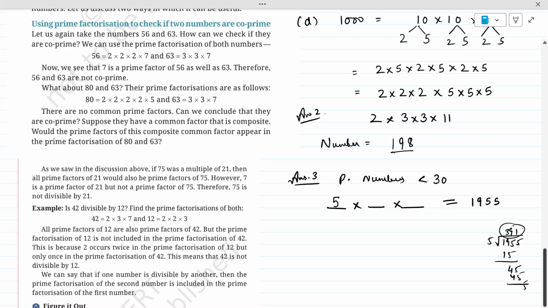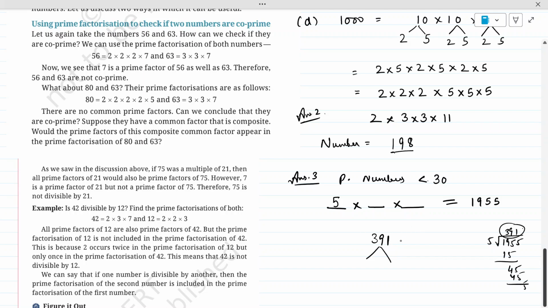So now I have to find out the factors of 391. So kids, the factors of 391, it's very easy to find out since we have to find 2 numbers only, and we know that if we multiply the 2 numbers, the product should give me 1 at the unit place.